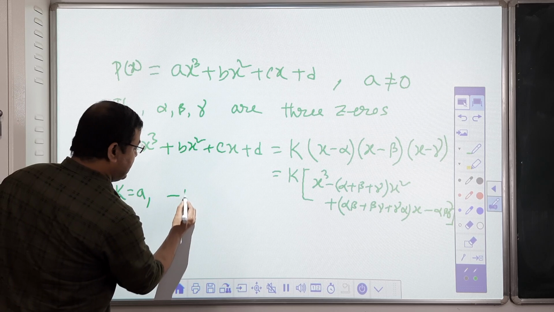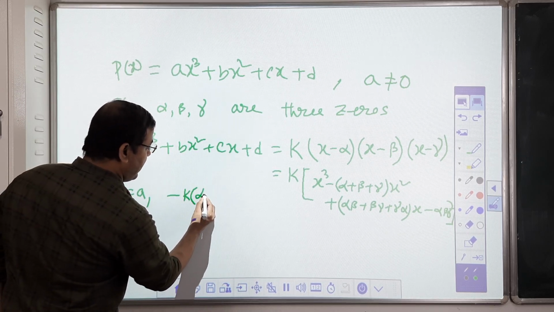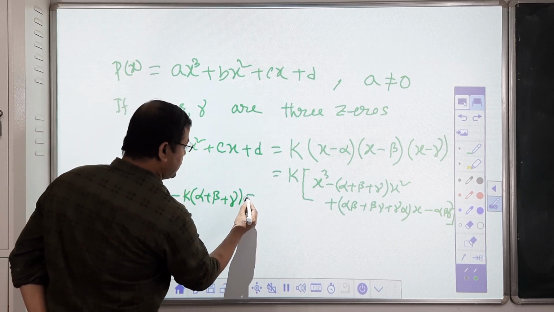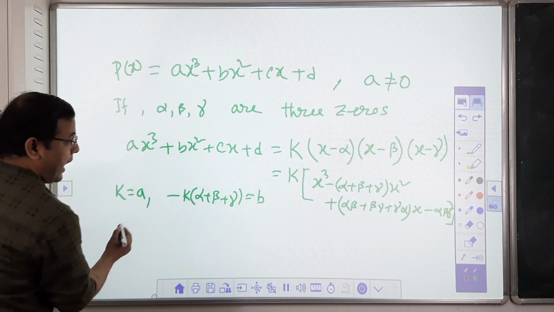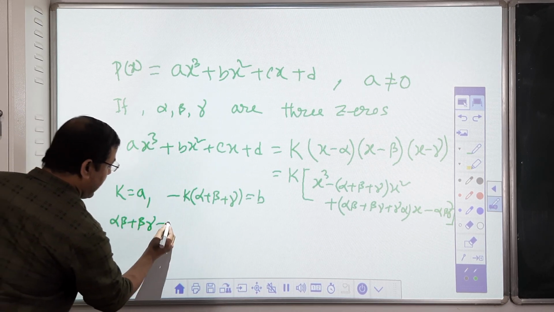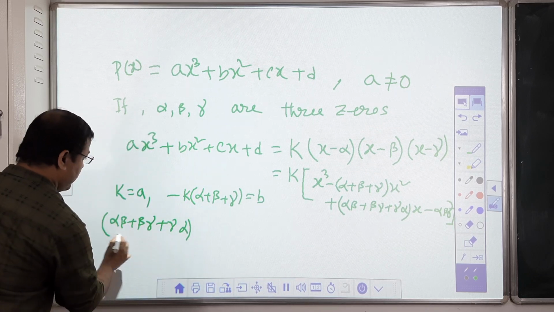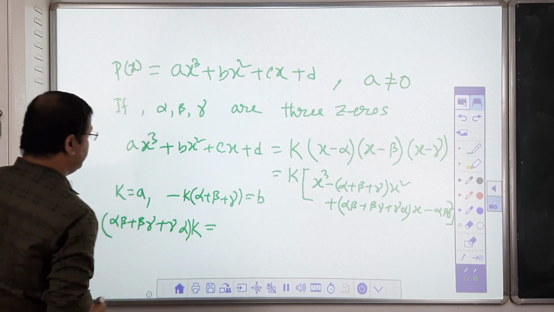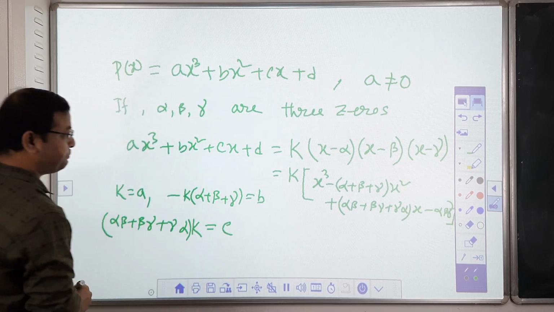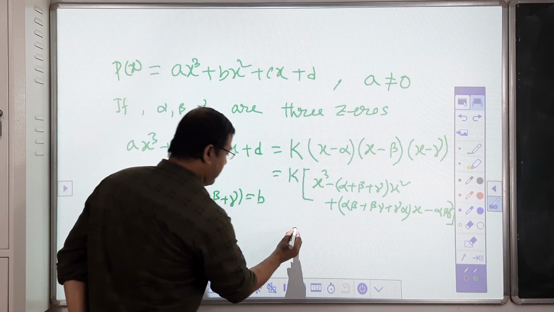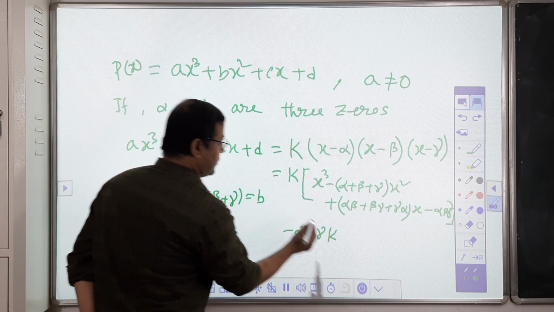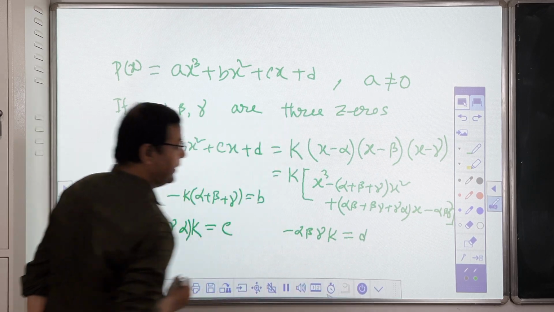Similarly, minus k into (alpha plus beta plus gamma) is equal to b, and (alpha beta plus beta gamma plus gamma alpha) into k is equal to c, and minus alpha beta gamma into k is equal to d.